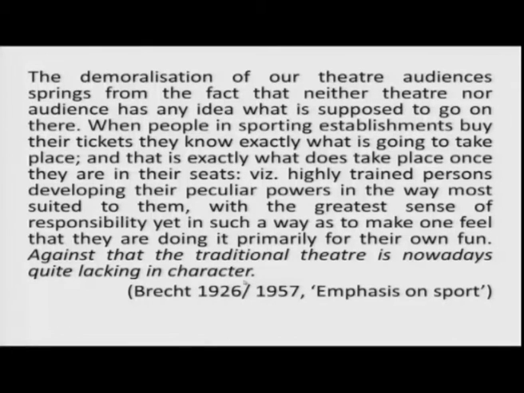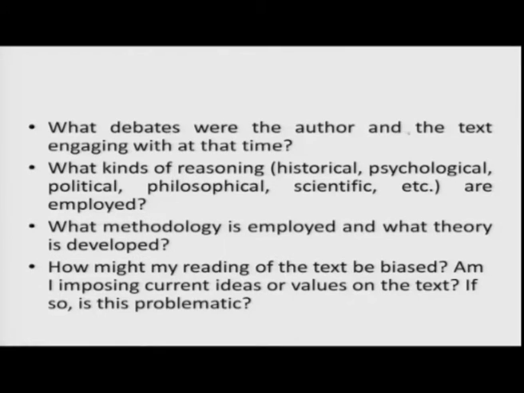So, when we interpret a text in context, the questions we ask ourselves are: what debates were the author and the text engaging with at the time? So, in this context, Brecht writes about theatre, and here he is arguing for modification of theatre.